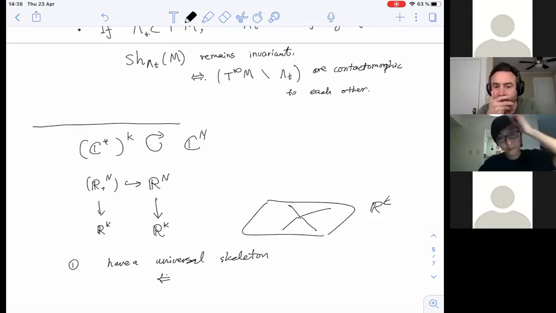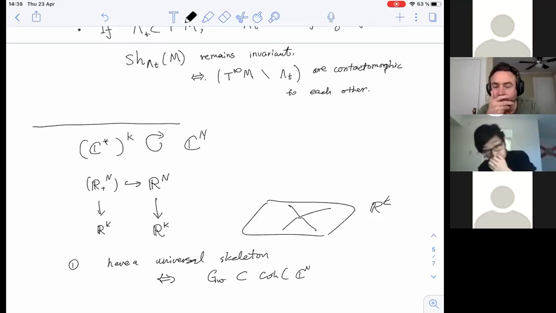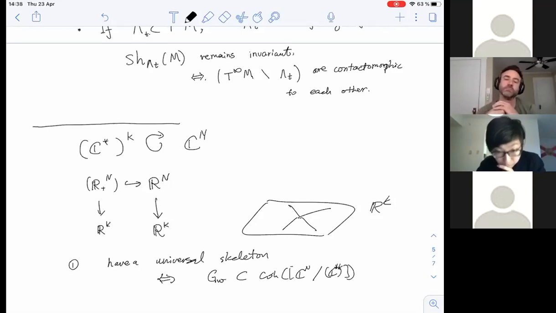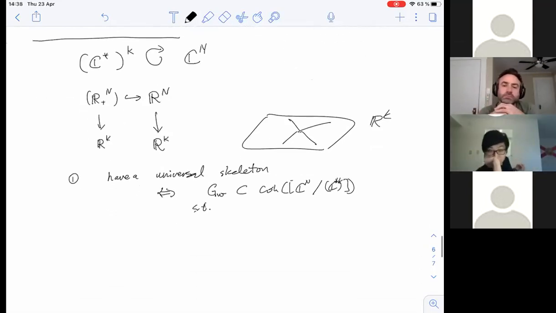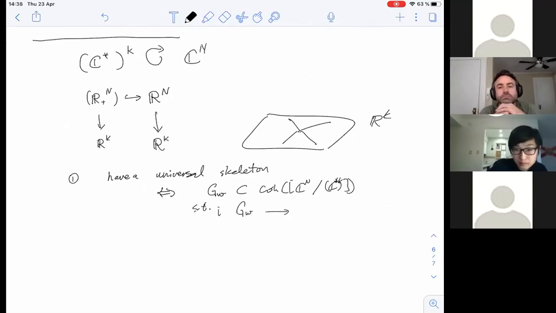So having a universal skeleton means you should have a certain window subcategory in, say, the quotient C star K, such that under the restriction map, for each chamber, you have a restriction map for each chamber.